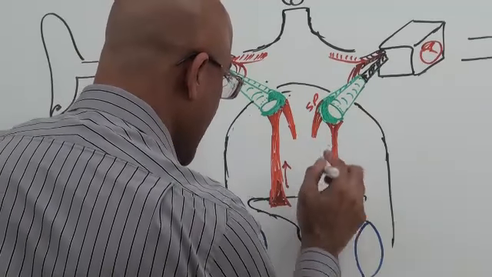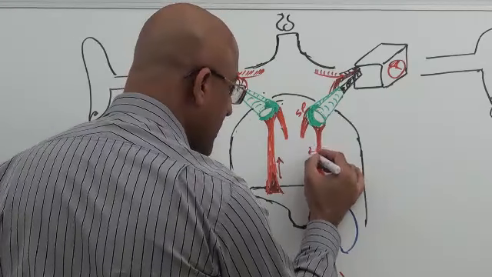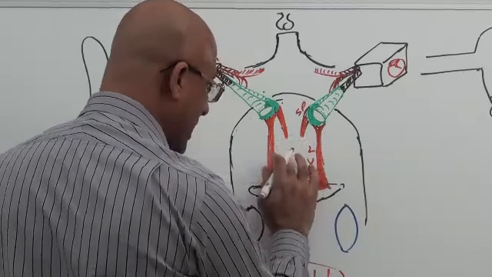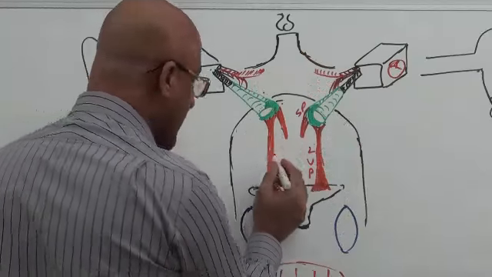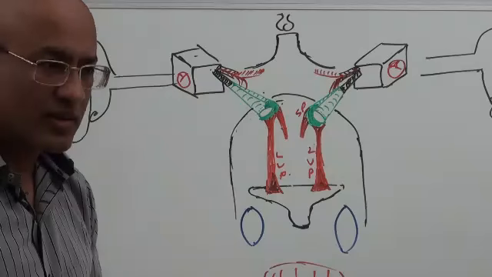So because they elevate the soft palate, these muscles are called levator. Okay, yes, levator veli palatini. Levator means elevating. Levator veli palatini. Is that right?